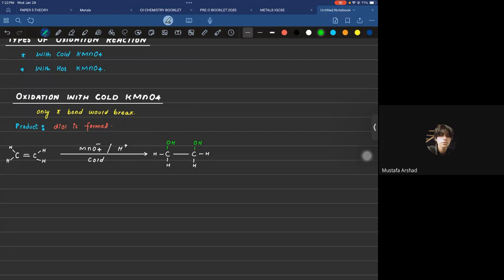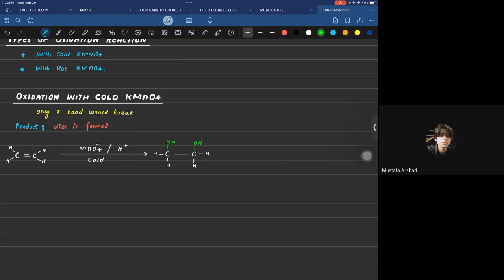So when you do oxidation of any alkene with cold KMnO4, whether ethene, propene or butene, the double bond would break down and OH and OH would be attached.